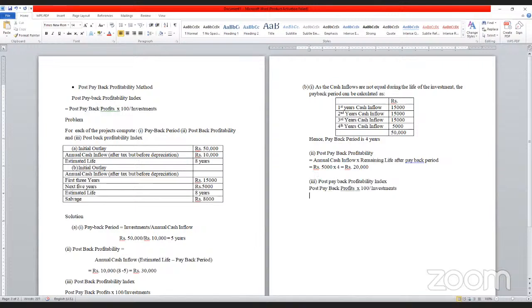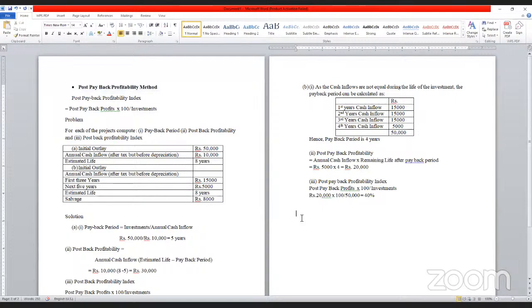So post payback profits are rupees 20,000 into 100 divided by investment, which is 50,000. That is equal to 40%. Like this, we need to calculate the post payback profitability method.